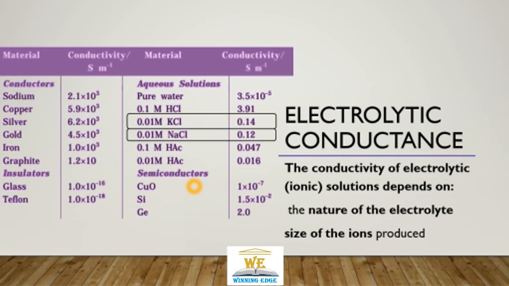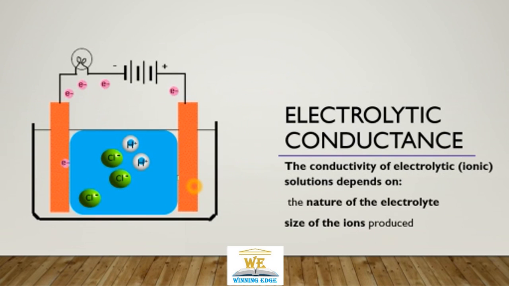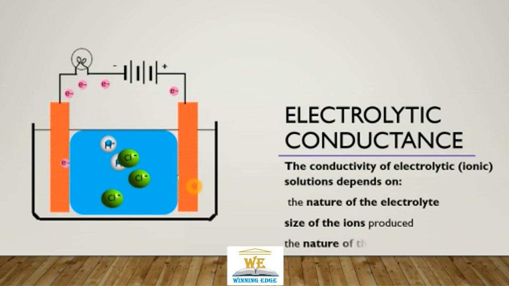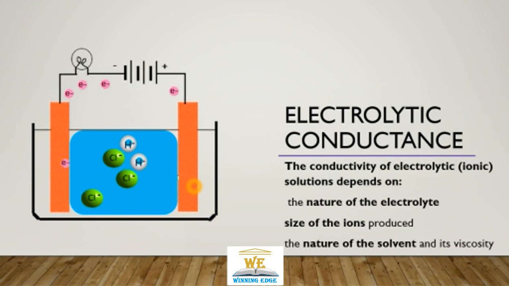So the size of the ions produced also affects the conductivity, as we just saw in the case of sodium and potassium. Next, the nature of the solvent and its viscosity.